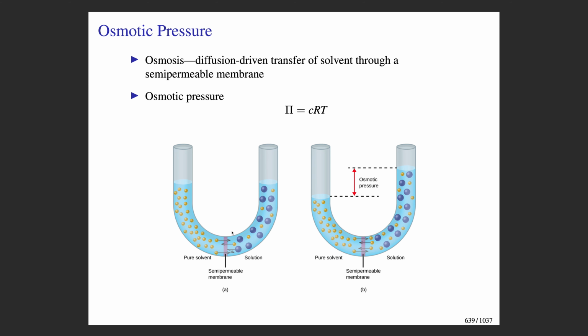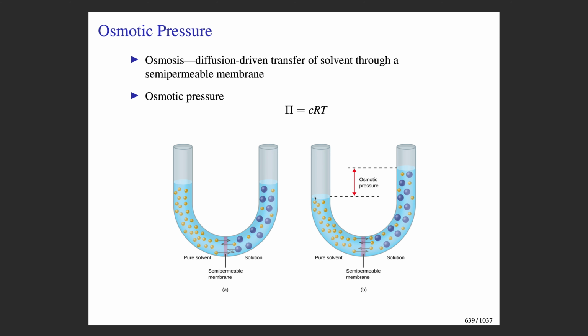Well, the effect of this semi-permeable membrane and the difference in concentration of the solute on this side of the membrane versus that side causes the solvent to try to flood the solution in a vain attempt to equalize the concentration of the solute on both sides.